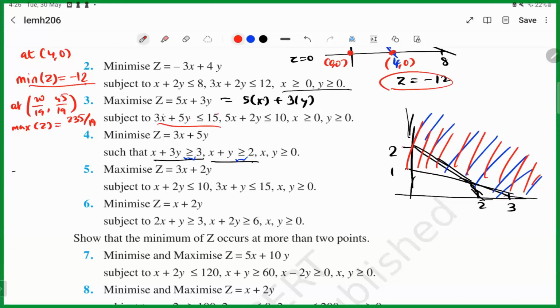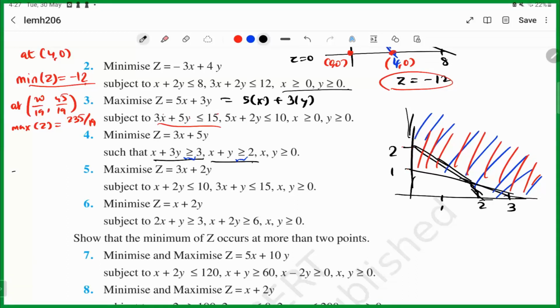If you want to minimize 3x plus 5y, you can try using the method that I did in the first one. Take 3x plus 5y to be some random value. Let's say it's 3. Then if 3x plus 5y is 3, x is 1, and y is some 5 by 3, which is 2.6.